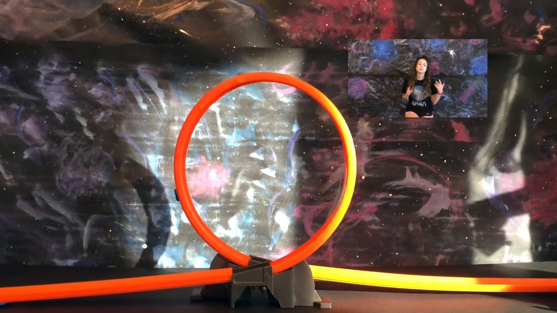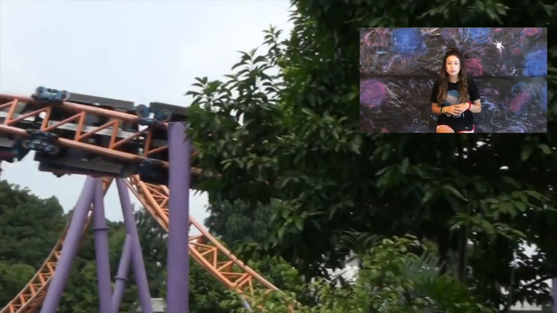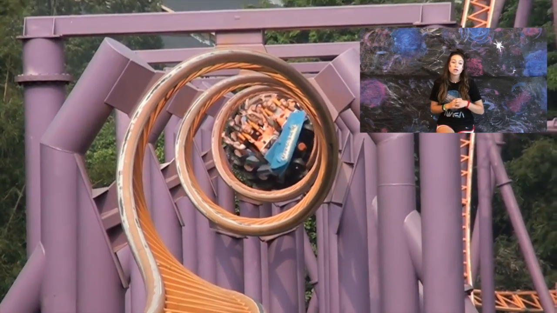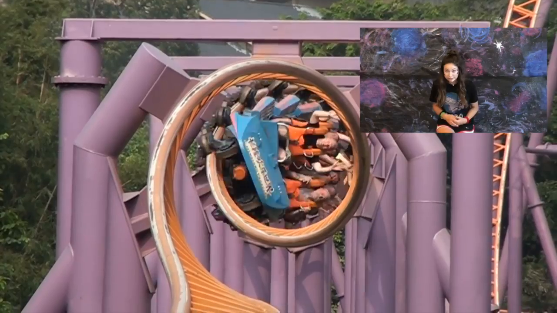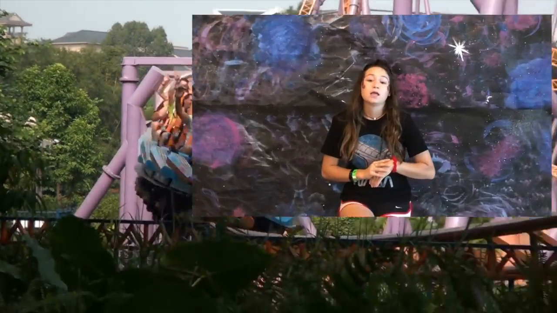This is because only the centripetal force is acting on it rather than both the normal and the centripetal. This is also why when you are on a roller coaster, you feel super heavy at the bottom, like the whole world has come crashing down on you, and when you're at the top, you feel like you're gonna fall out. Also, the centripetal force and your apparent weight is what keeps you going in the circle rather than just falling.